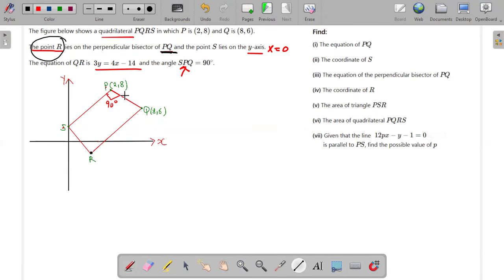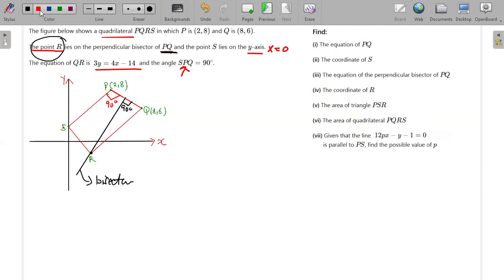So we've been told that this line goes on and passes through R. This is my perpendicular bisector, and you can see that it meets this line segment at 90 degrees as well. All right, enough with the drawing.